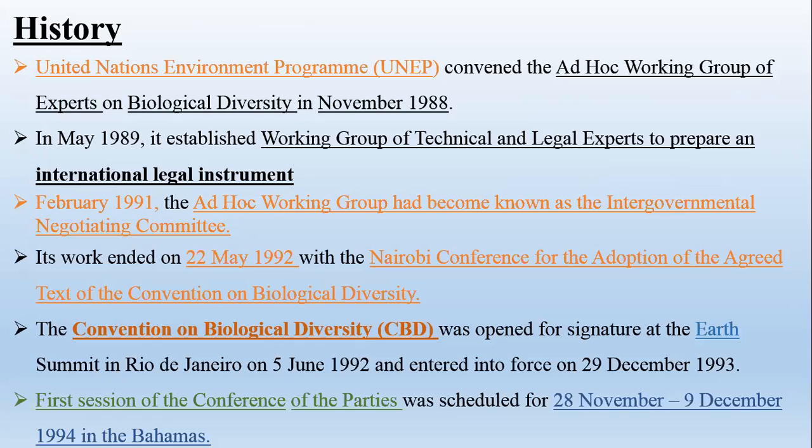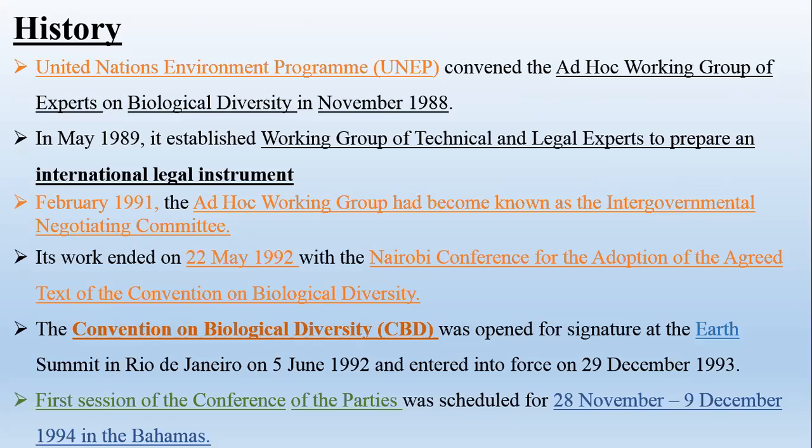Okay, so as we know, whenever any new organization or new treaty is there, it will have open access for a number of countries to become a member of a particular party or convention. Like that, here the Convention on Biological Diversity was also opened for signature on 5th June 1992 and entered into force on 29 December 1993.